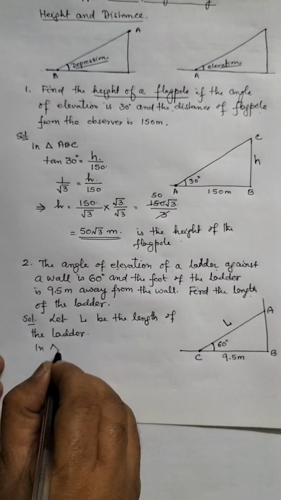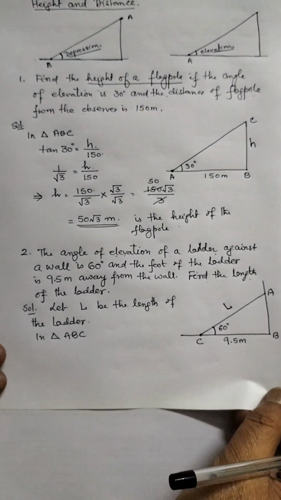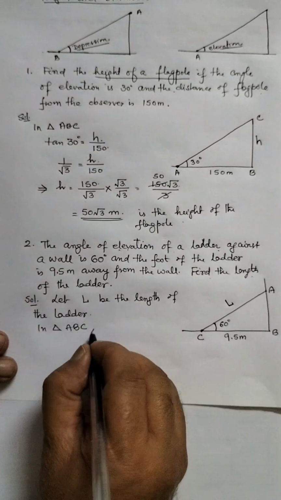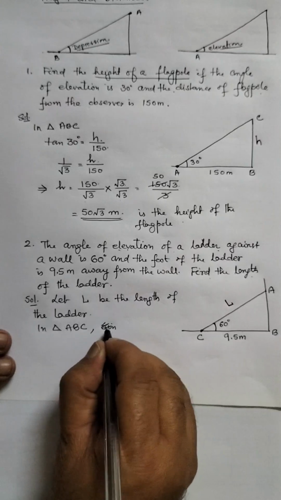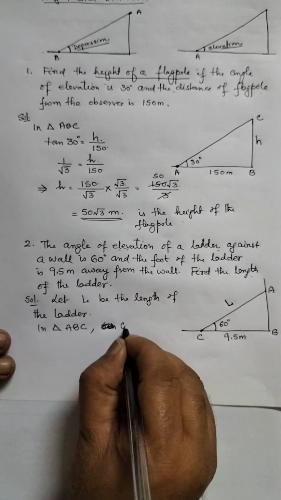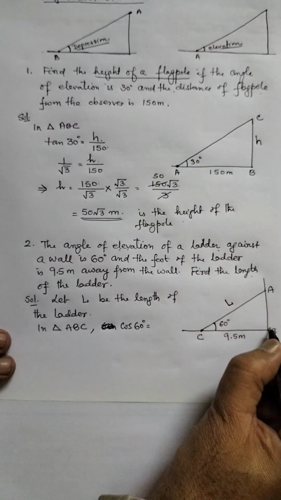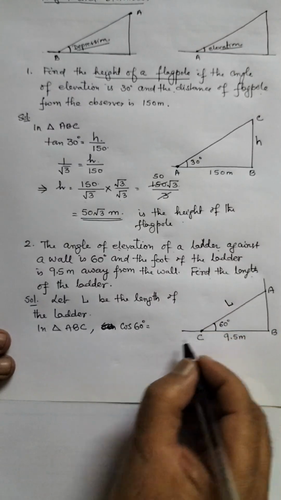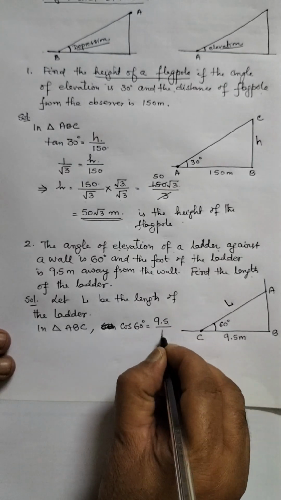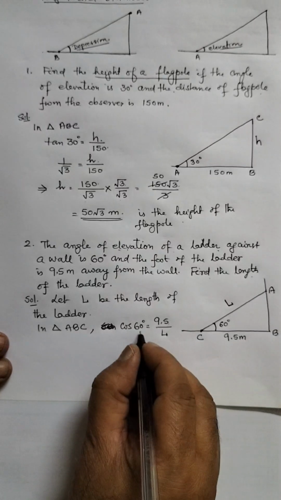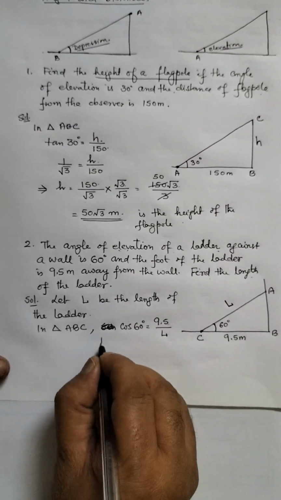Now in triangle ABC, cosine 60 will be adjacent upon the hypotenuse, that is 9.5 upon L. Now cos 60 is nothing but half.